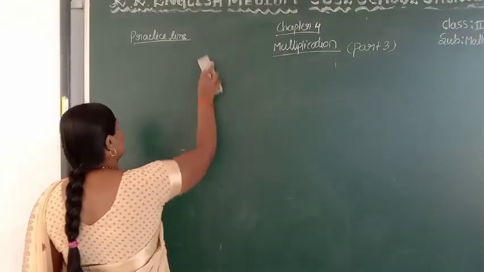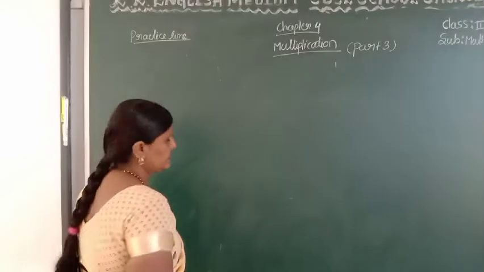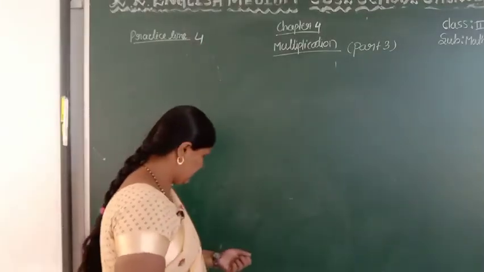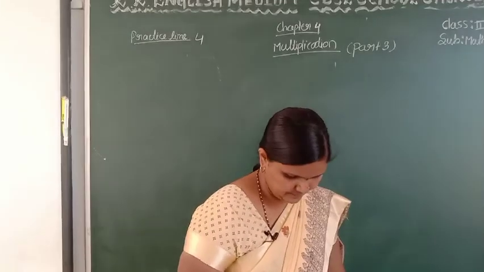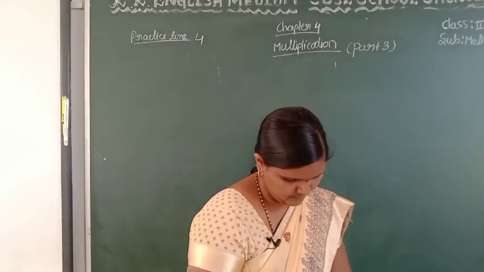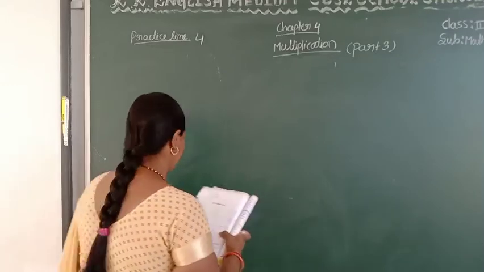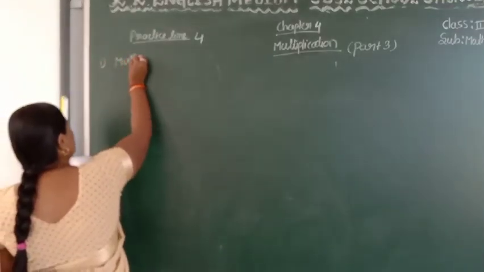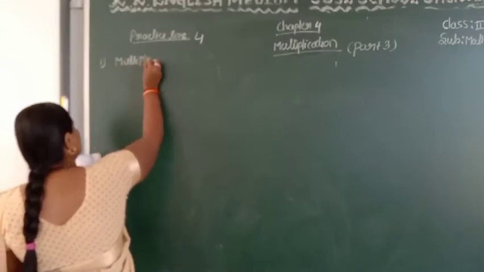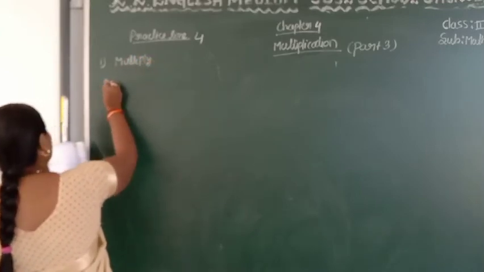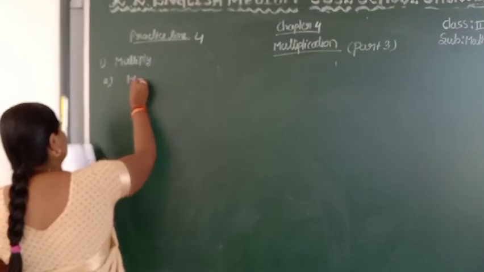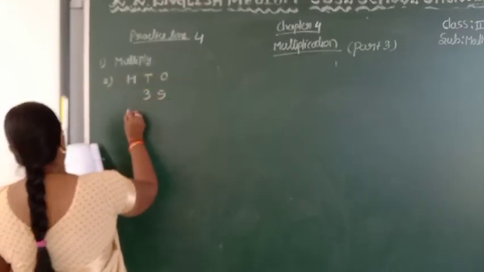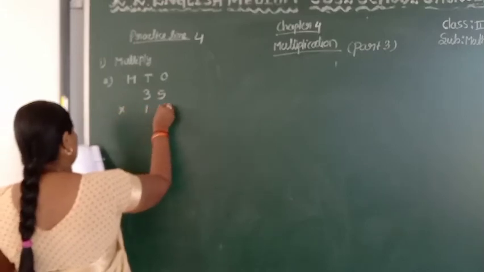Practice time 4. First, the multiplication questions. A: hundreds, tens, ones, 35 into 14.